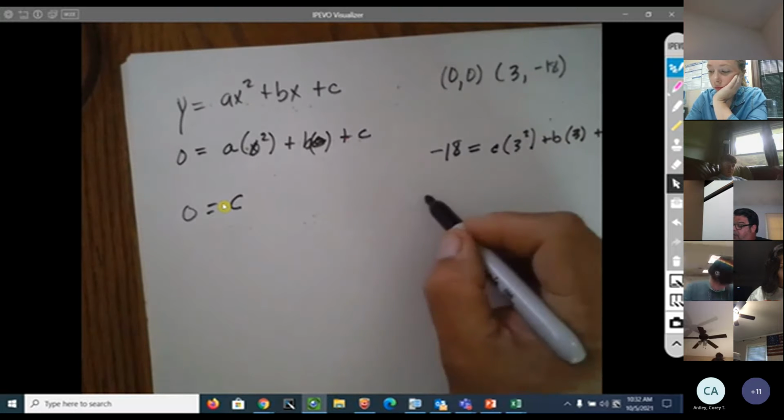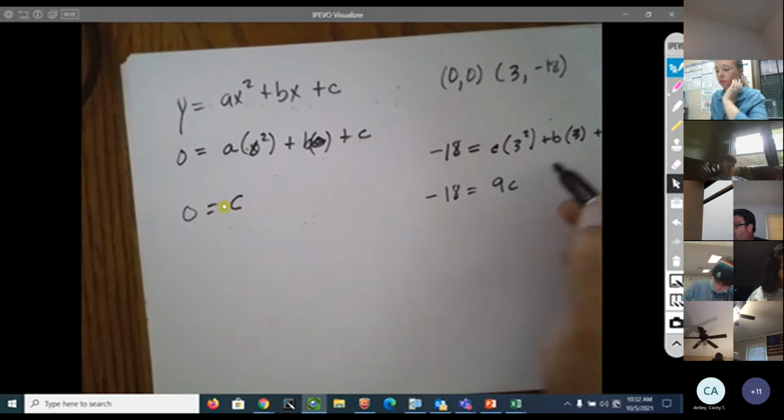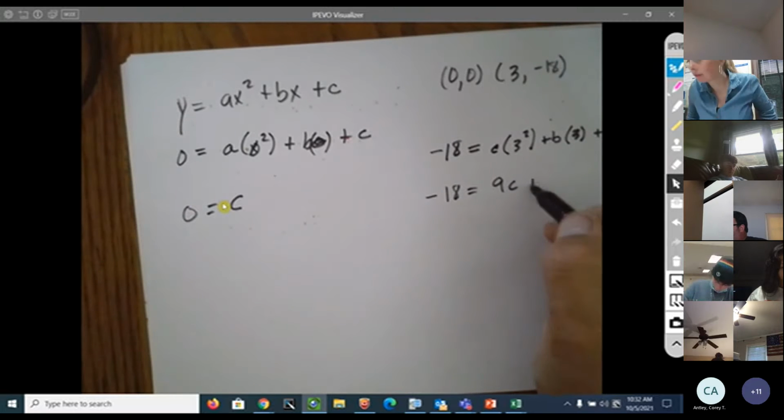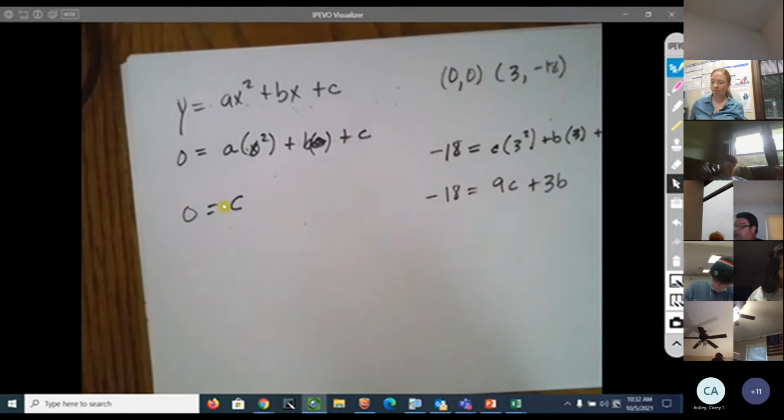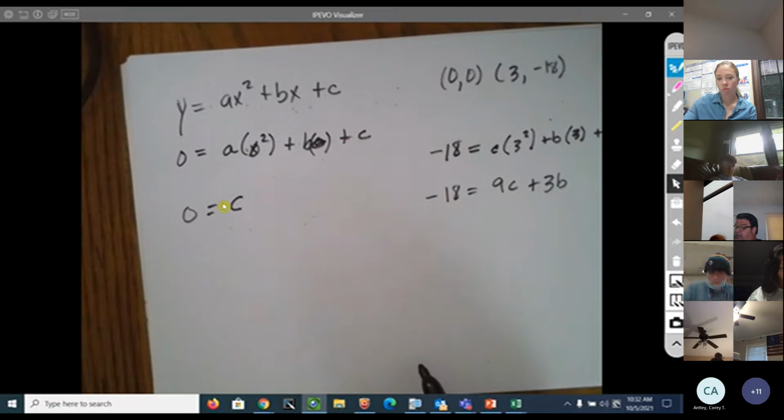And that's going to give you negative 18 is equal to 9a plus 3b. And that's not much. There's some way you set this up, solving systems of equations. I'm trying to remember it.